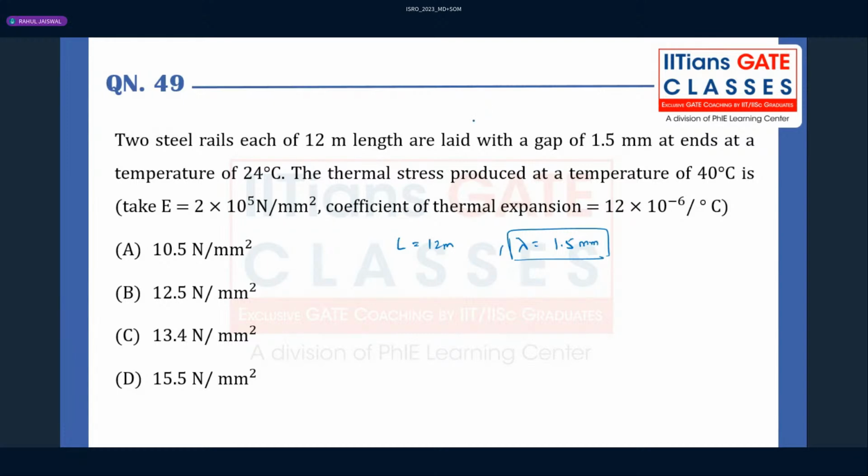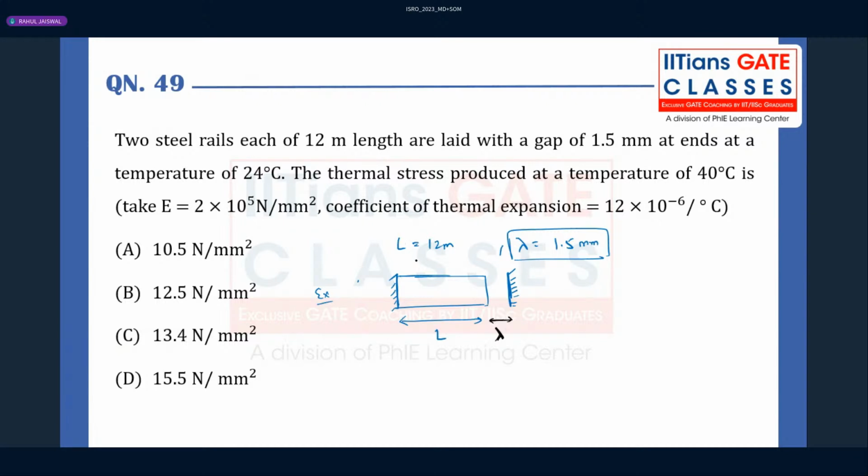So basically, this case is something like this. Let's say the length of each rail is L, and you have a certain gap between the support and the rail, which is lambda.